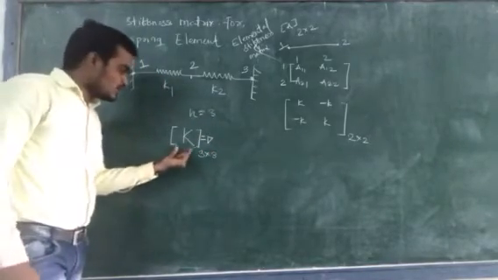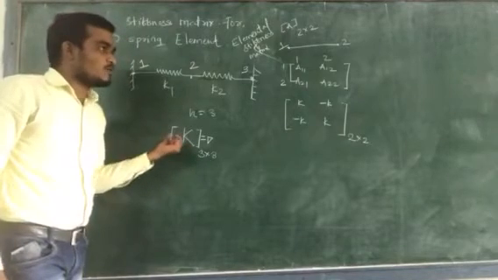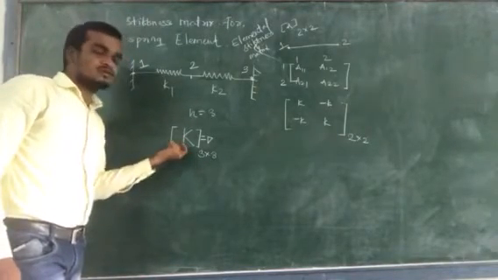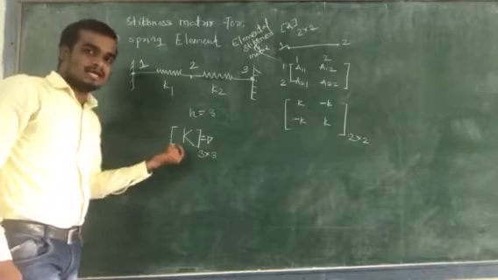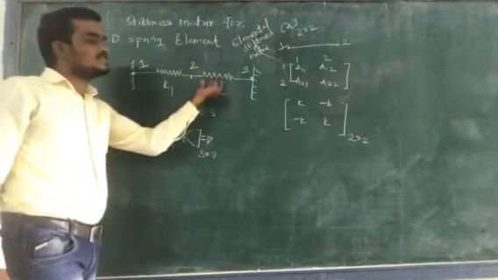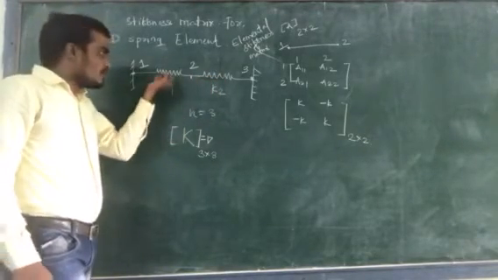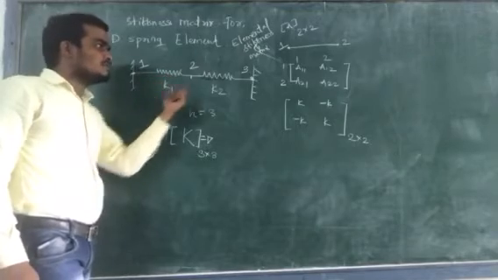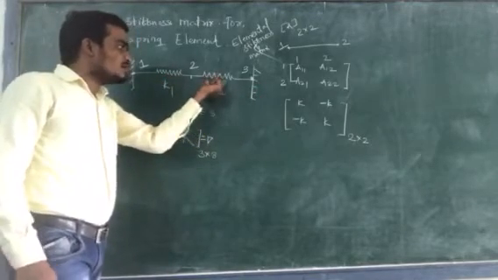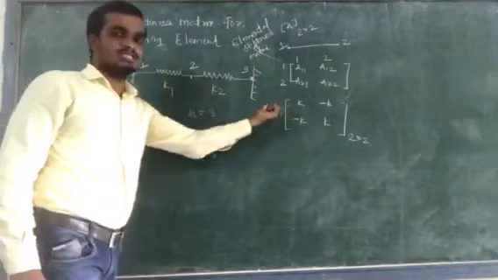So we need to construct the global stiffness matrix. How do we construct it? By using these elemental stiffness matrices. For element 1, there must be some elemental stiffness matrix, and for element 2, there must be some elemental stiffness matrix.